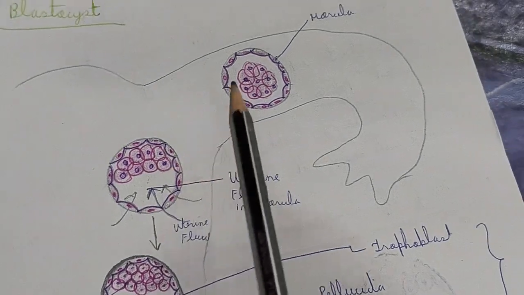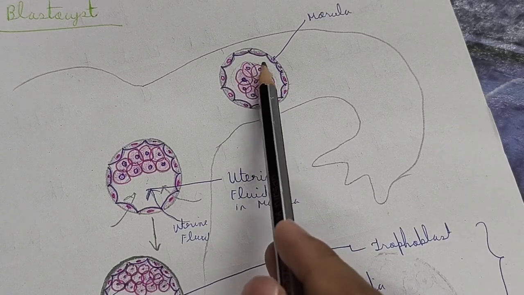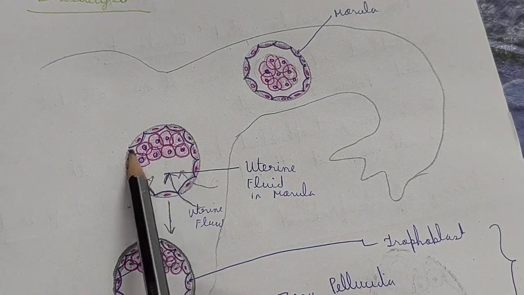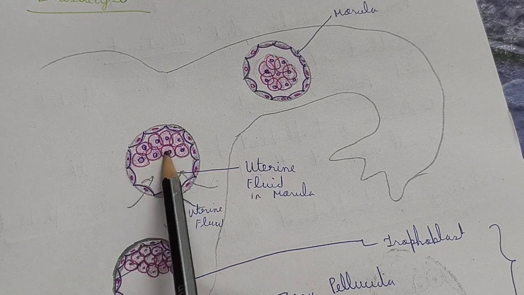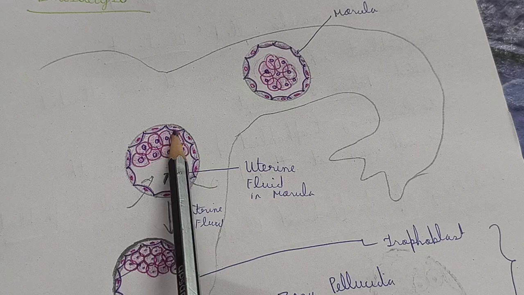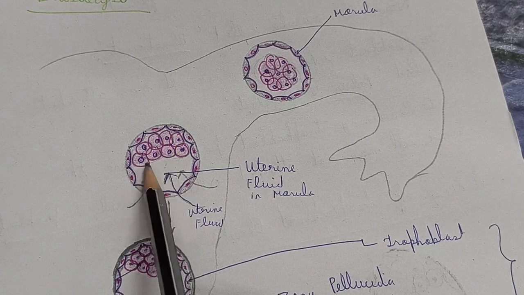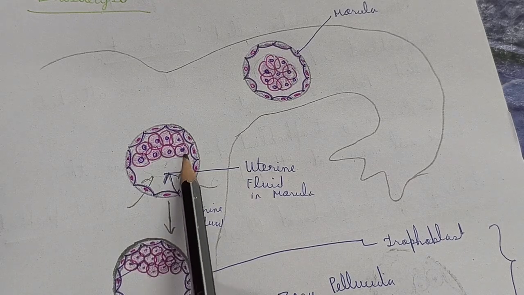As a result, initially all the inner cell mass cells are scattered everywhere, but now the inner cell mass cells start to be attached or present on only one side of the trophoblast, only one side of the fertilized ovum, not around the whole fertilized ovum.